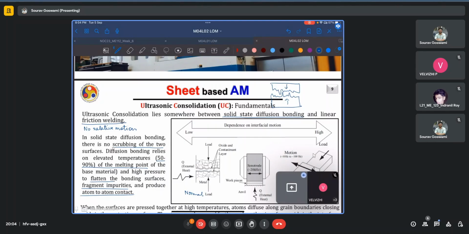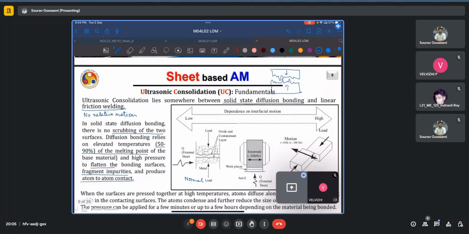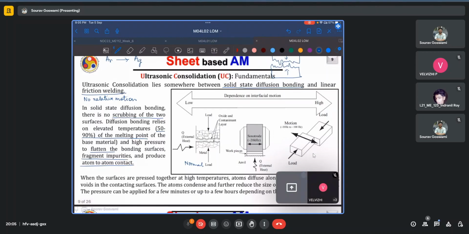So by using high temperatures, between 50 and 90% of the melting point, as well as very high pressures applied through normal loads, these surfaces are brought in close contact, such that the real area of contact approaches the apparent or geometric area of contact. Of course, it will never be equal because no surfaces are exactly flat, but we try to approach the geometric area of contact. And by producing atom to atom contact, the diffusion is achieved.